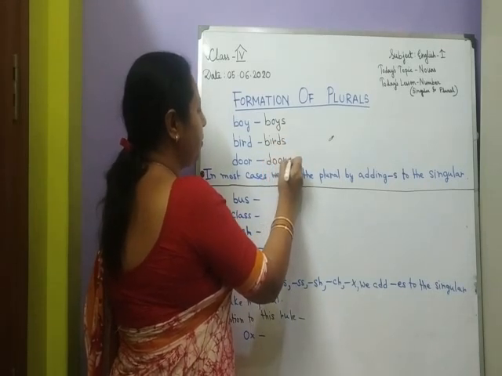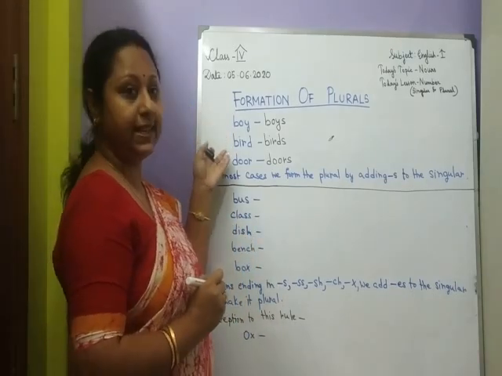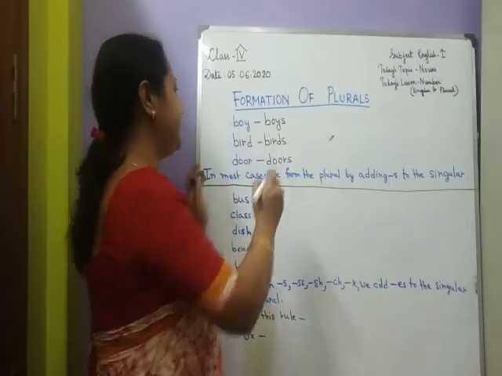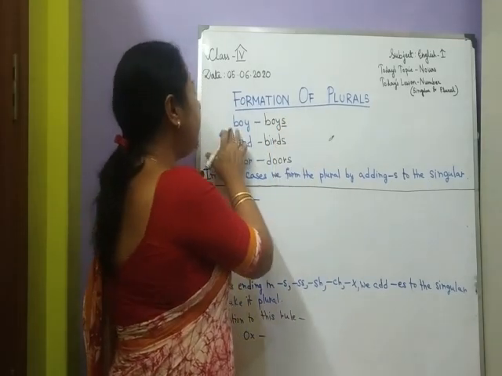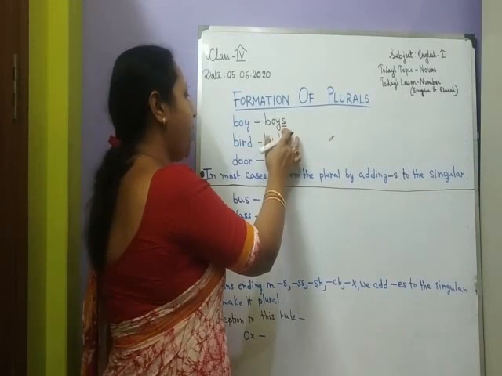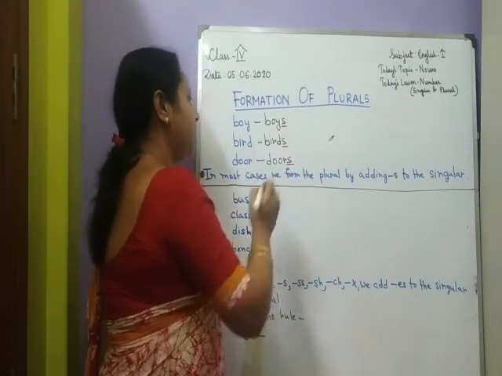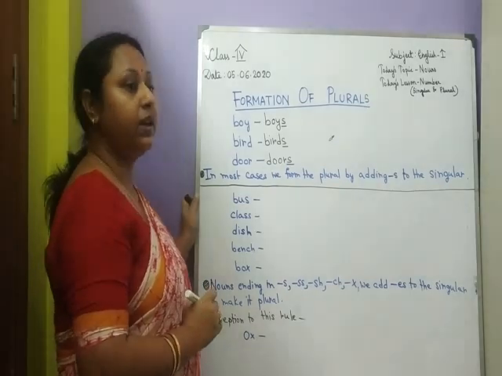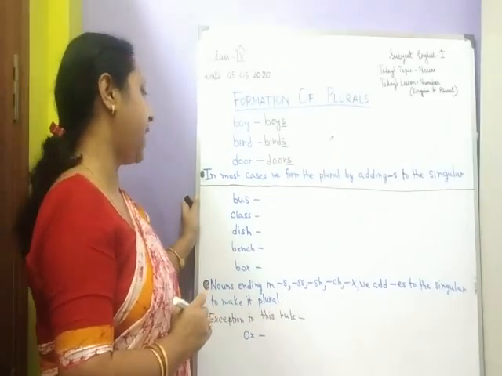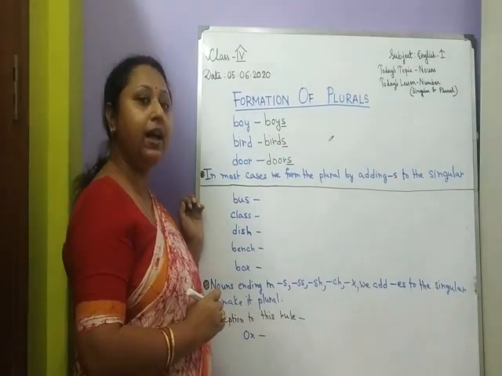Door, doors. Here in all these cases I have added s to the singular nouns to make it plural. So boy, boys. Bird, birds. Door, doors. So we must remember that in most cases we form the plural by adding s to the singular.